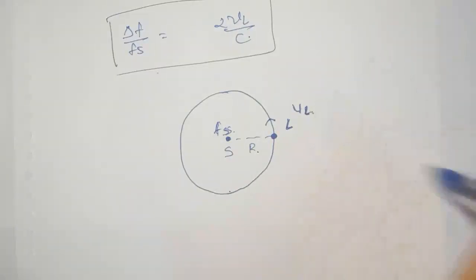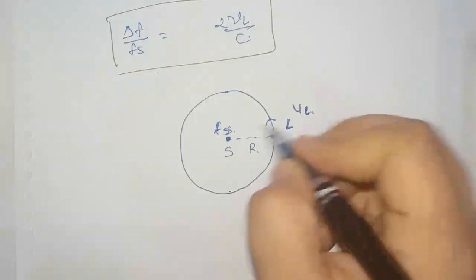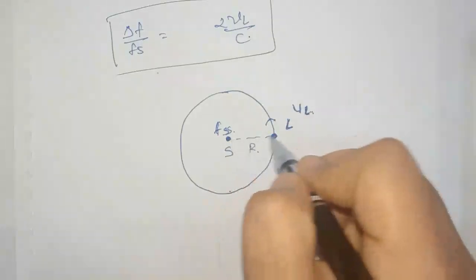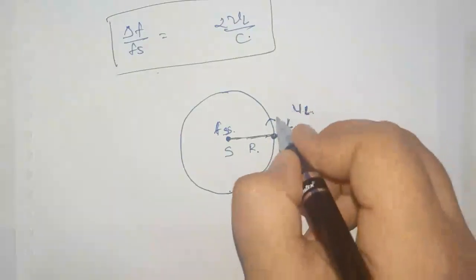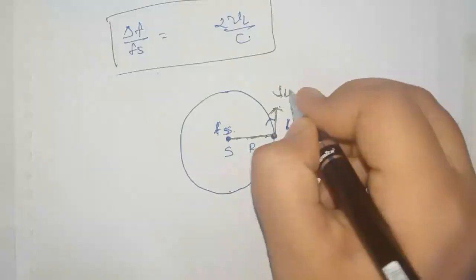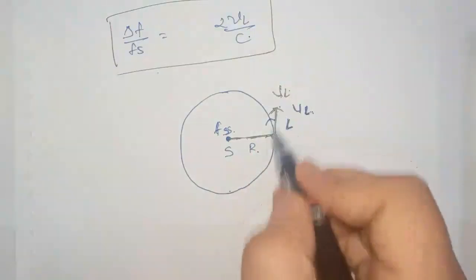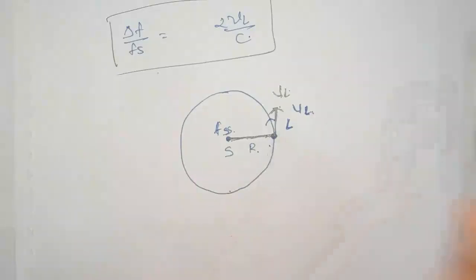Here we have to consider the component of velocity of listener or the source along the line joining source and listener only. As we can see, the velocity of listener is along the tangent and the component of this VL along the line joining source and listener is 0.